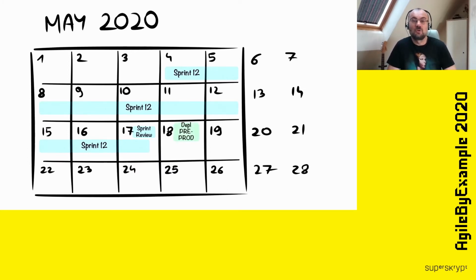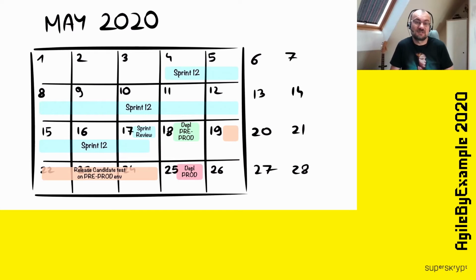After the sprint review, we deploy the changes which are done during the sprint to the pre-production environment. Then we have some time for release candidate testing. And if the release candidate testing is successful, then we have deployment to the production system.